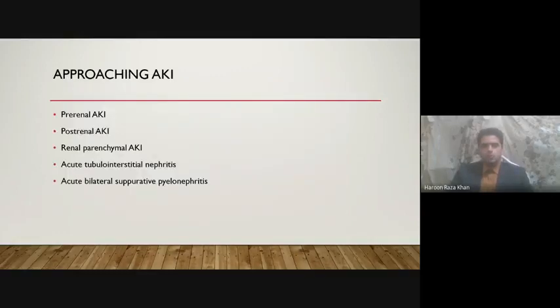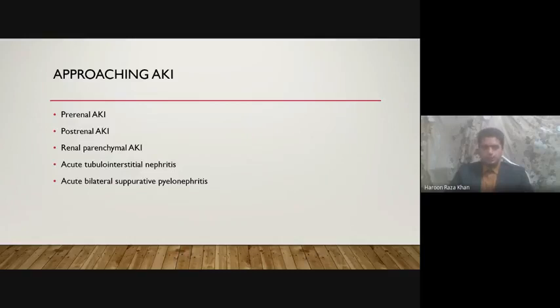Now, how to approach or understand this condition even further. Let's talk about prerenal AKI first. Now, in AKI, the falling renal blood flow leads to a falling glomerular filtration rate. It can be due to changes in the circulation or intrarenal vasomotor changes.